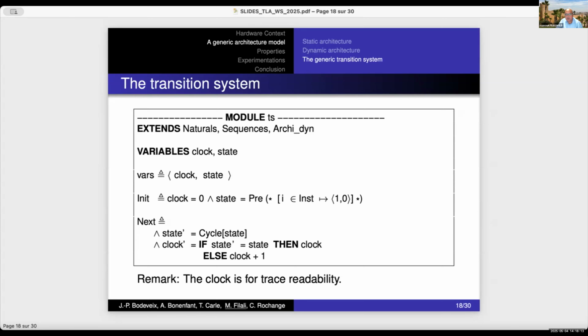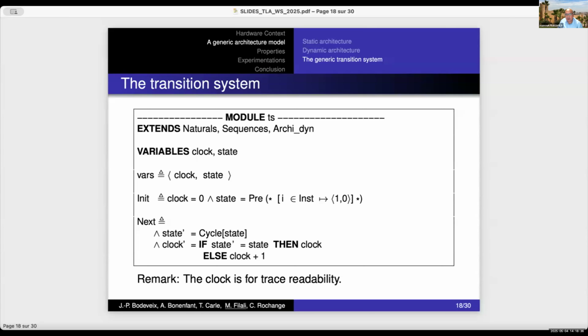Initially, the clock is 0, and the state says that all the instructions are in the pre-stage. And now the state prime is: we compute a cycle on the current state, and we update again the clock just for trace readability.